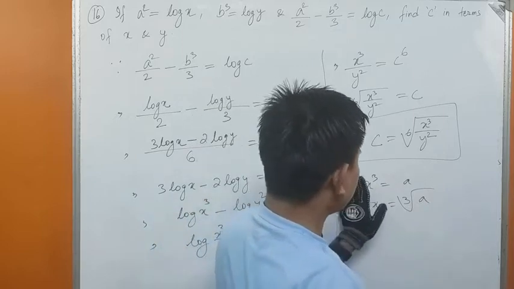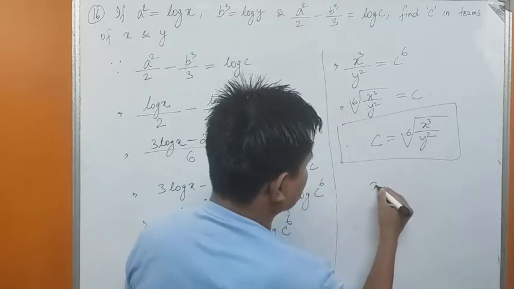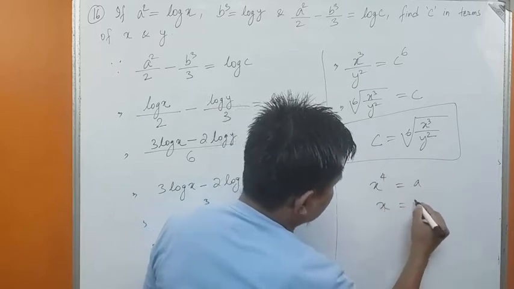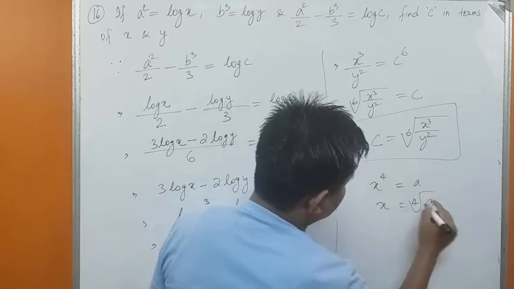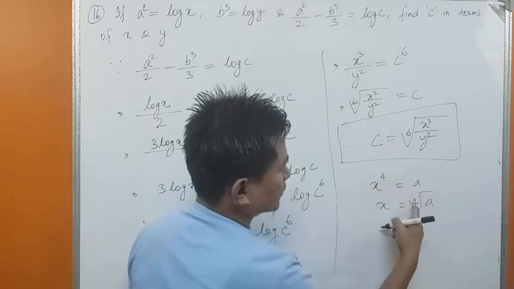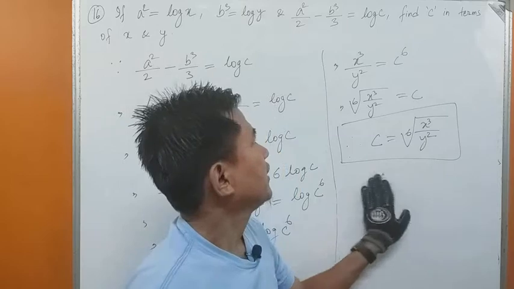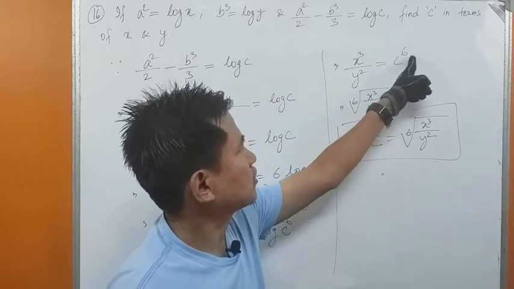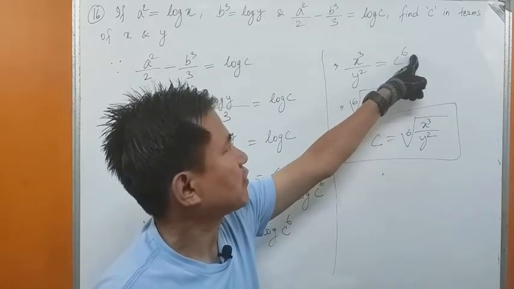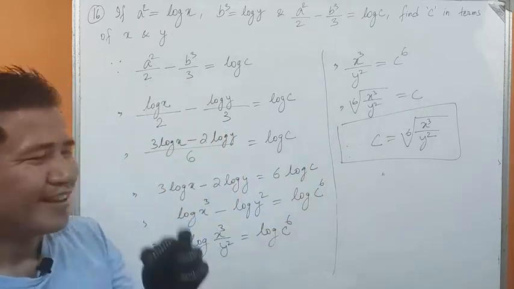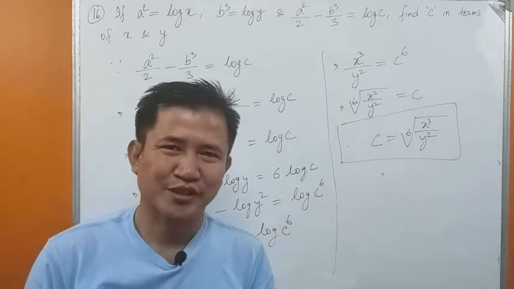Similarly if we have x to the power 4 equals a, then we write this as the 4th root of a. The power 4 when taken to the right hand side becomes the 4th root. Similarly c to the power 6 becomes the 6th root of x cube on y square. I hope you got this. Now let us move on to the next question.